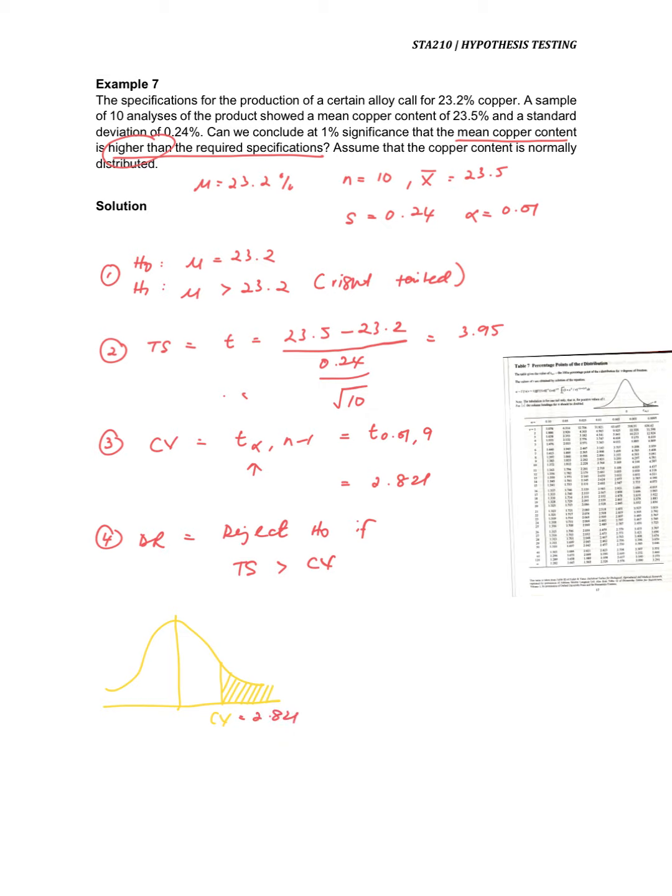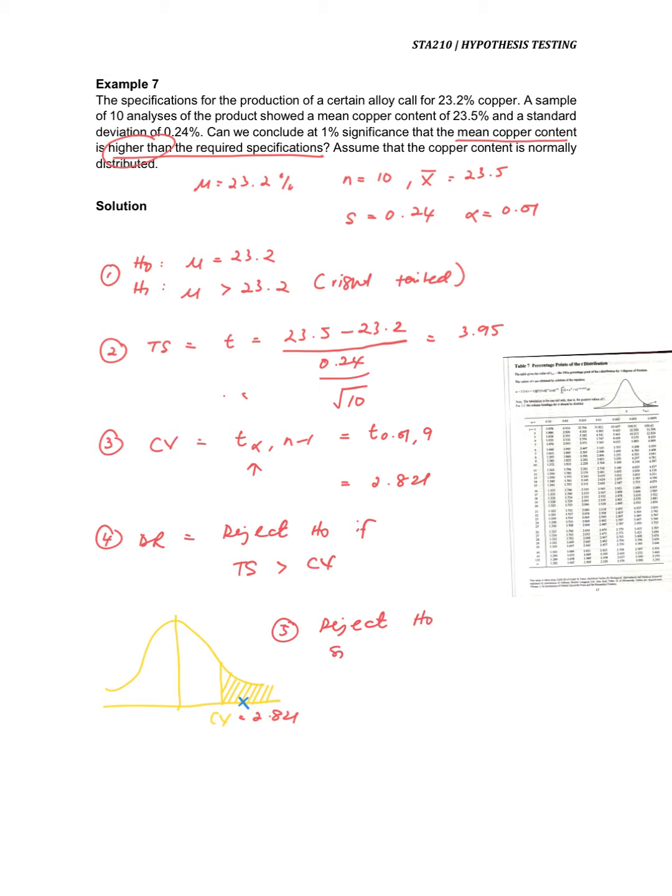So that's why our decision rule reject H naught if the test statistic greater than critical value, meaning that if your calculated test statistic is greater than 2.821, which falls in this rejection region, meaning that we will reject the null hypothesis. So we can see here our test statistic is 3.95. Meaning that is greater than 2.821 or it falls in the rejection region. So meaning that our decision is we will reject the null hypothesis.